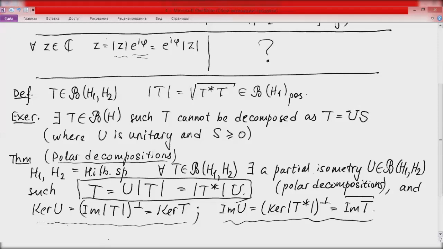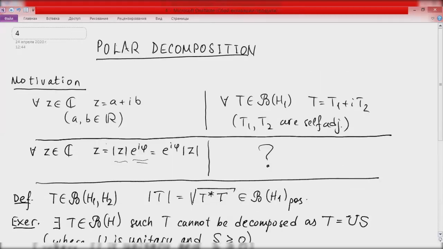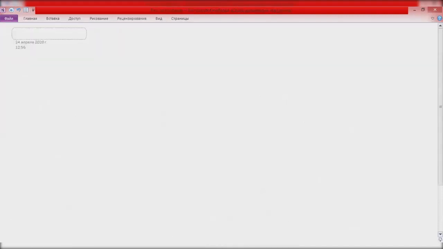Okay, to prove this theorem, we need a couple of lemmas. So lemma 1.